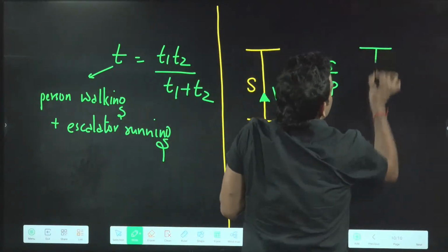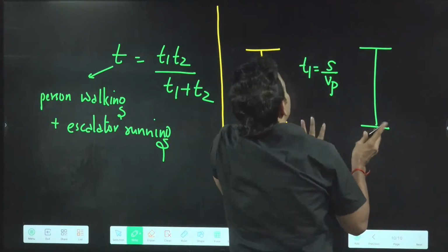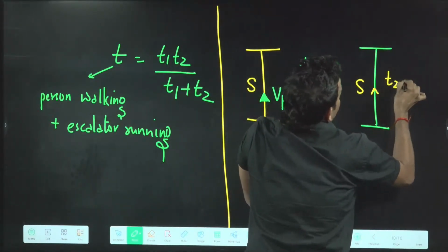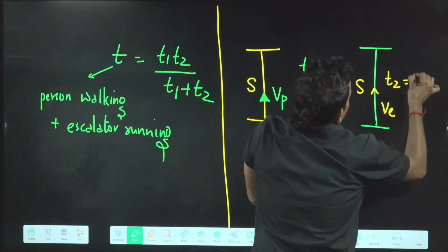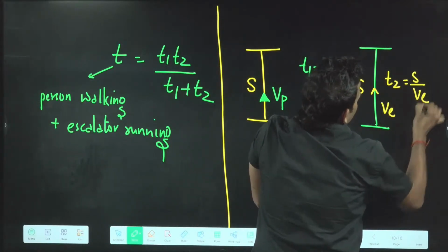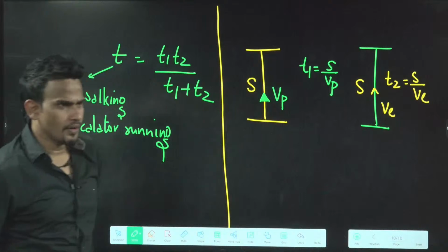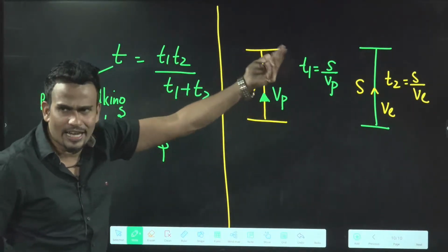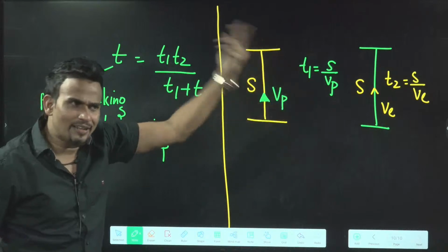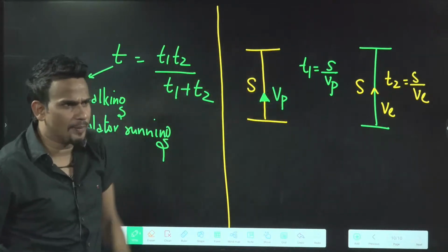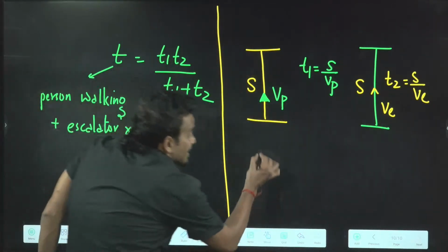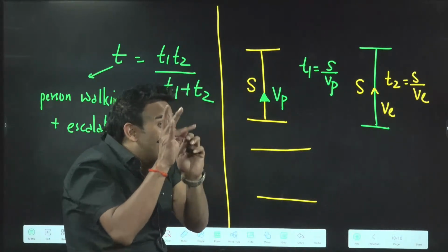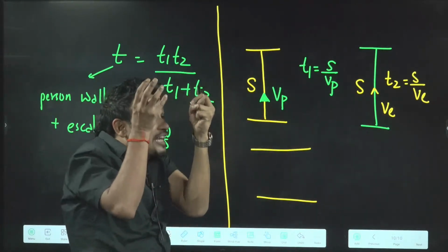Second situation, when the person is not walking and the escalator is going, then time T2 will be S by V of escalator. Distance by speed, because now the escalator is taking him, the person is not walking, so the escalator speed will come. Now the third situation, the man is also walking and the escalator is also taking him up.